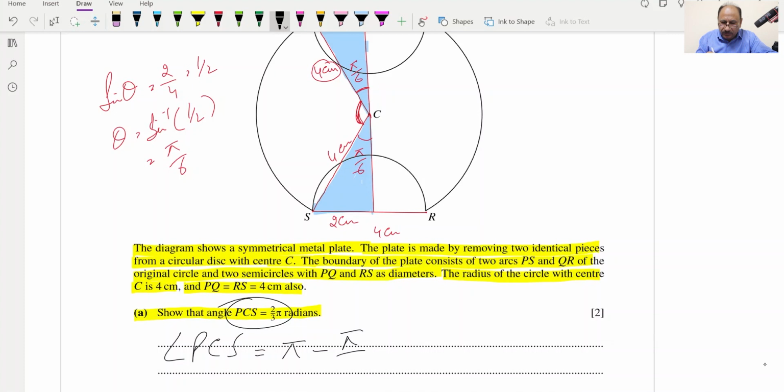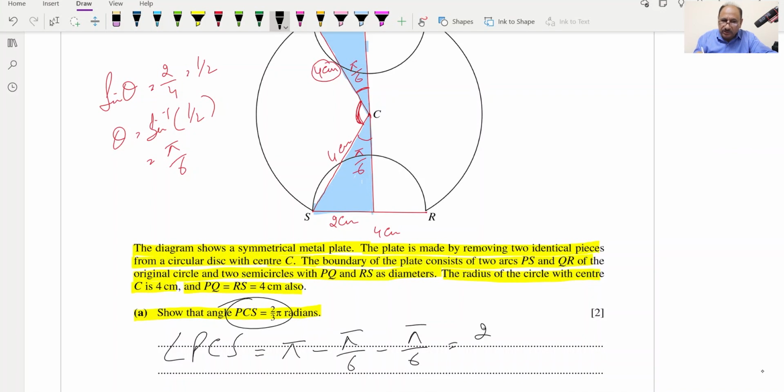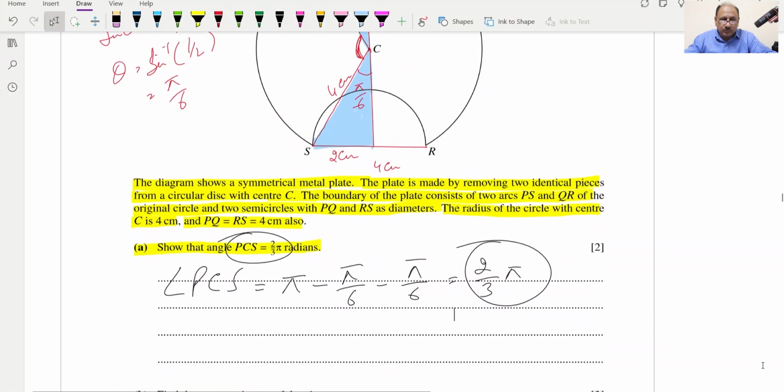So pi minus pi over 6 minus pi over 6 will be equal to 2 by 3 pi. So we can write 2 by 3 pi, and this was what we wanted to prove. This was a 2-mark question.